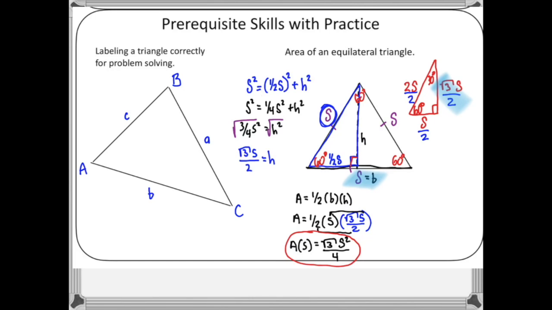So one thing that I want to bring out is that notice that we had to do some work to solve for h. And moving into this new school formula that we're going to get using trigonometry to calculate the area of a triangle is going to relieve us from having to solve for h. So let's take a look at how that works out.